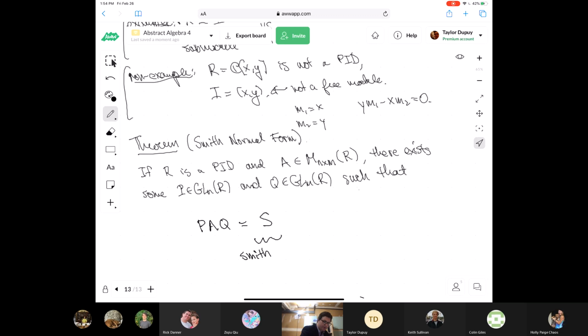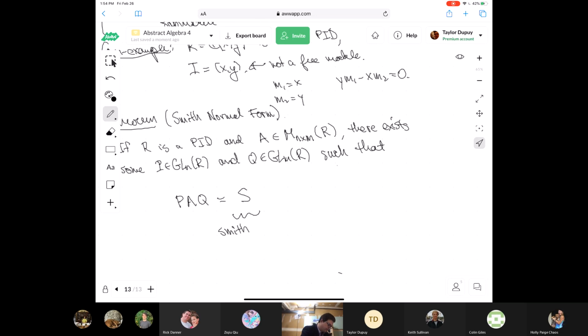It's essentially the reduced row echelon form, but since we're not allowed to divide in our ring, we have to be a little bit more careful.